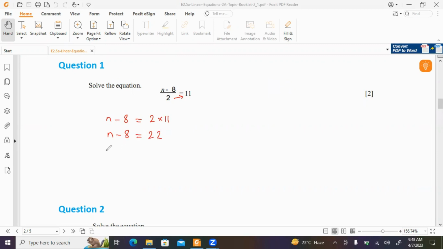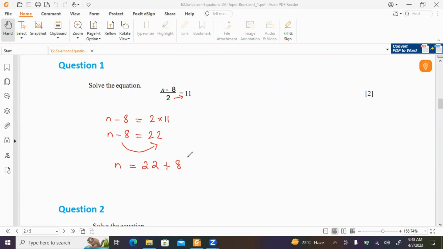And then we need to isolate n because we're trying to find the value of n. So we can move negative 8 to the right-hand side. When we move negative 8 to the right-hand side, we'll be adding 8 instead of subtracting. The reason why we're adding 8 now is because when we move a term from one side to the other side, its entire function changes.